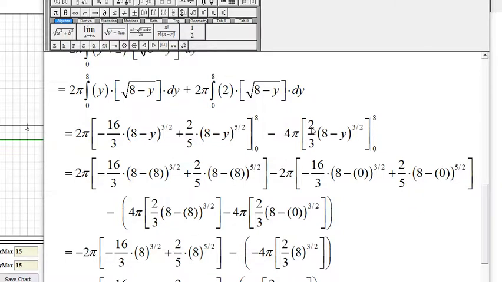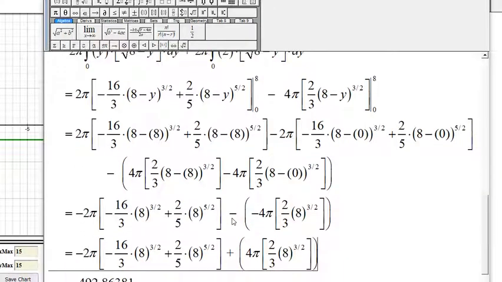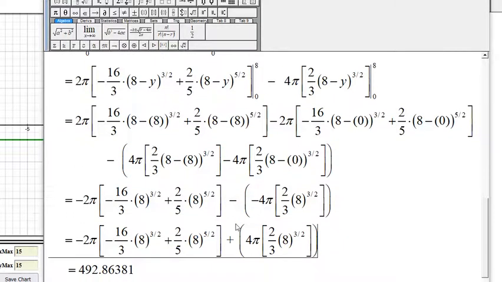And then for this part, if we plug 8 in here, then we get 0 right here. And then if we plug in 0, then we get 8. So this is from this integral. And so here you have 0, so this part is 0. And then minus and minus will become positive, will become plus.